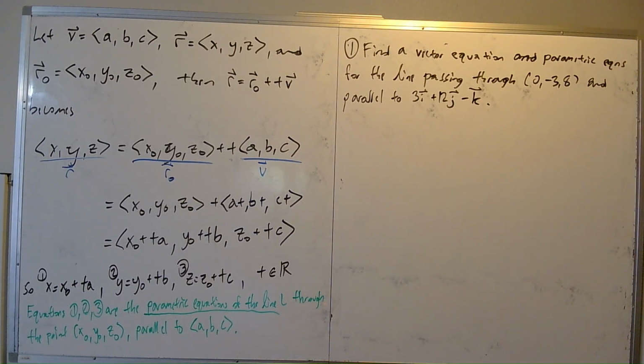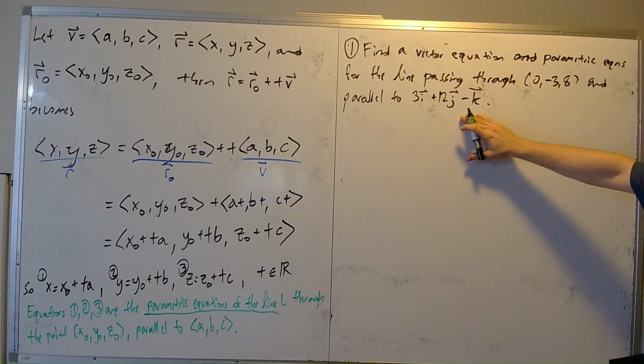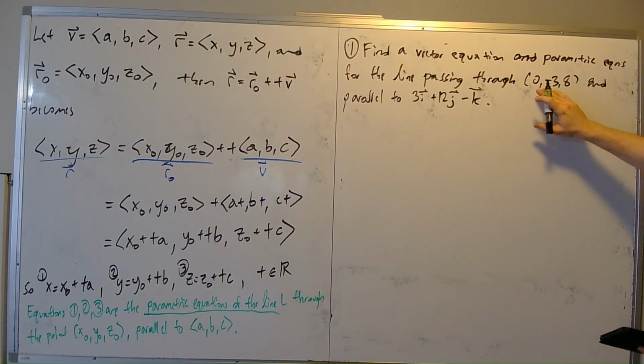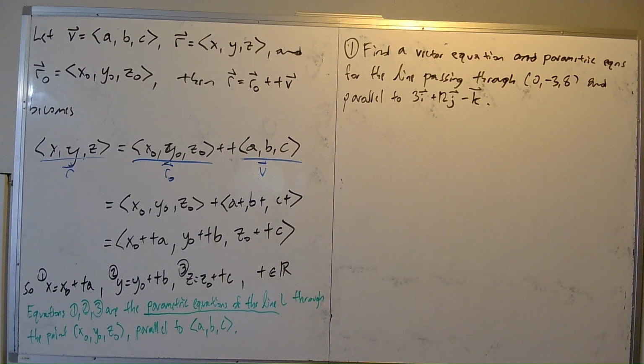Right. So this gives us a line, because the line is going to pass through a point and it's going to be parallel to some vector. So this gives us a line.